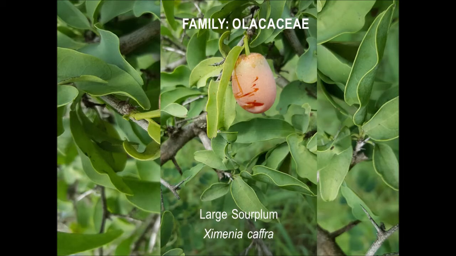A large sour plum, Ximenia caffra. It is edible, and it is incredibly sour, which is typical of a lot of fruits that occur in the African bush. And this is because animals like baboons that disperse seeds like sour fruit. So it's kind of like in the same way that bears like sweet fruit in the northern hemisphere.